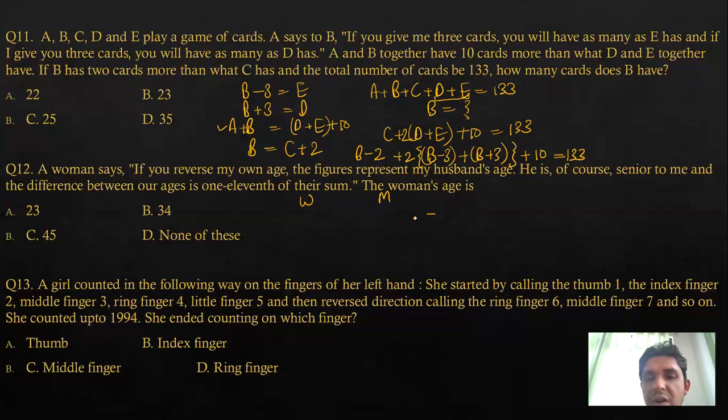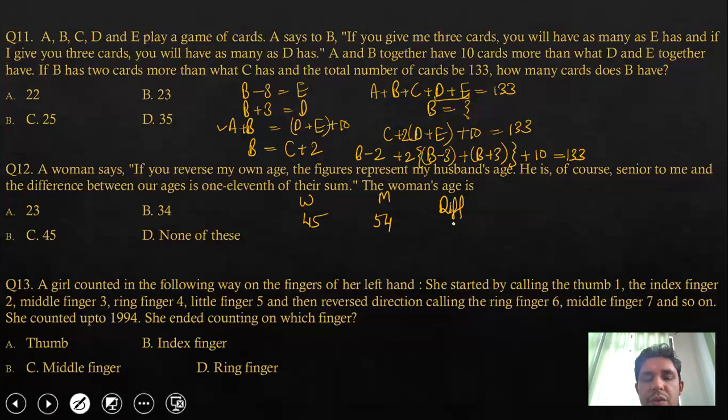If we check 45, the woman's age is 45, so the man's age will be 54, right? The difference will be 9.